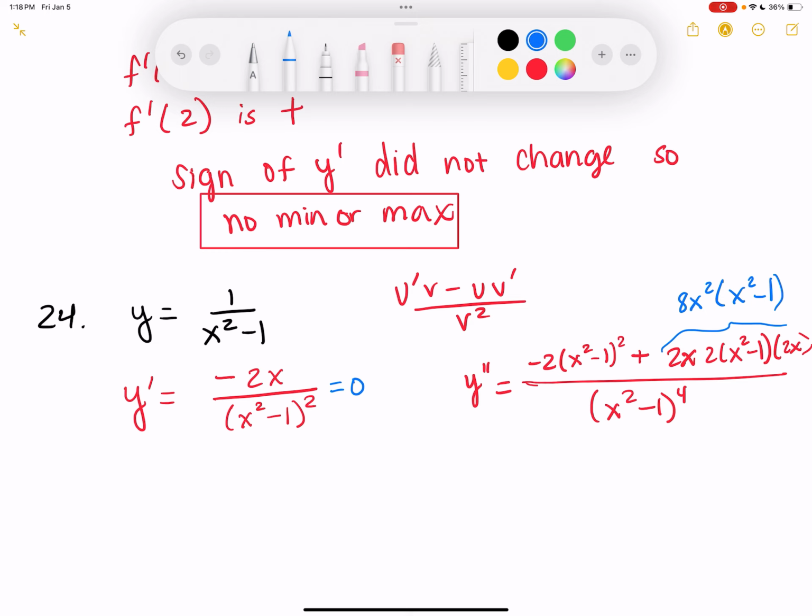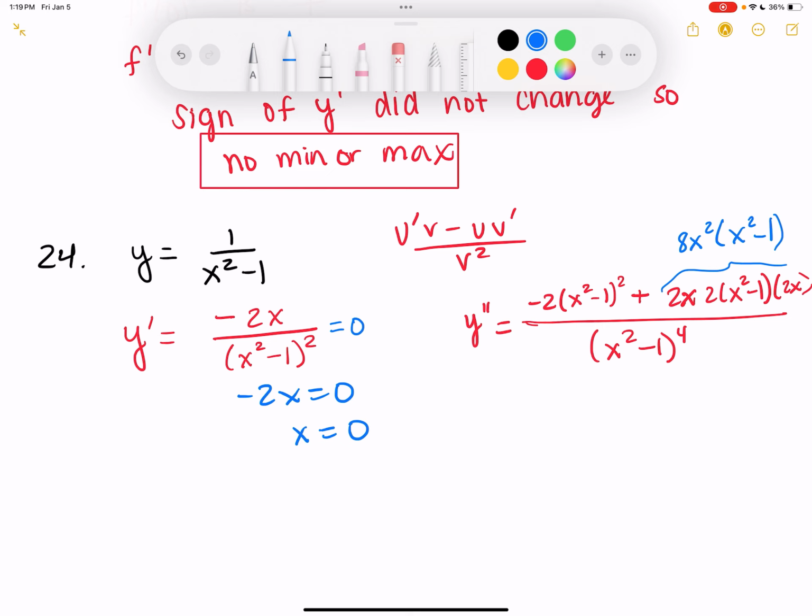The top. The bottom's just gonna go away, because if the bottom is 0, it would be undefined. So we would have negative 2x equals 0, so x equals 0. The only reason that would work is because there's an x on the top. If there wasn't an x on the top, then 0 wouldn't work. Then we would have the same situation we had in that first example earlier, where we had the x's on the bottom only.